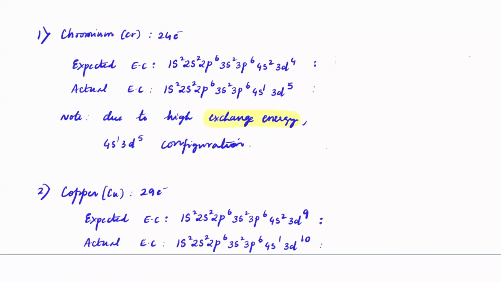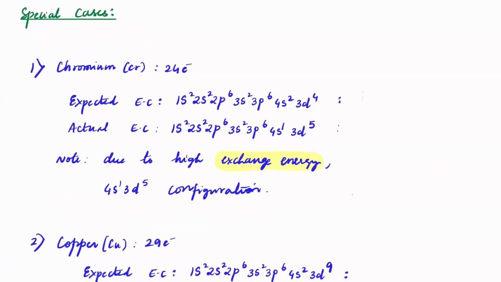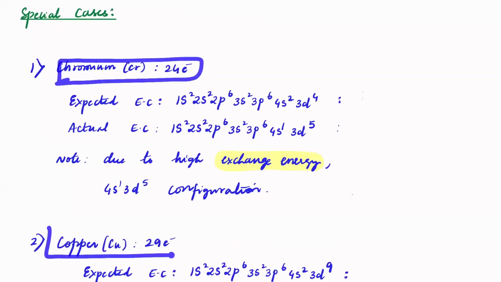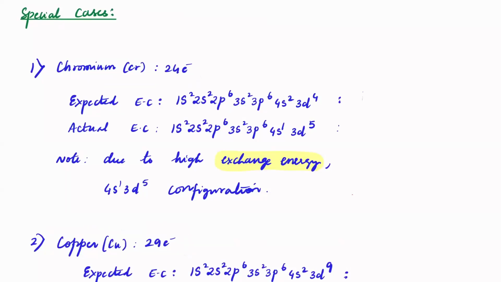Now notice the special cases. That is, in case of chromium and in case of copper, how is the configuration different? The expected electronic configuration is this one. 24: we have 1s2, 2s2, 2p6, 3s2, 3p6. 18 electrons done, 18 plus 2, 20 done. Then 4 electrons.